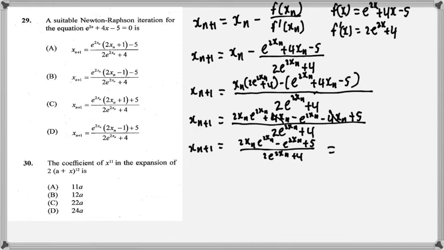And what you notice, e to the 2x subscript n is common in this term and this term, so we could factorize that out. So you get e to the 2x subscript n multiplied by what? 2x subscript n minus 1, plus 5, all on 2 by e to the 2x subscript n plus 4.